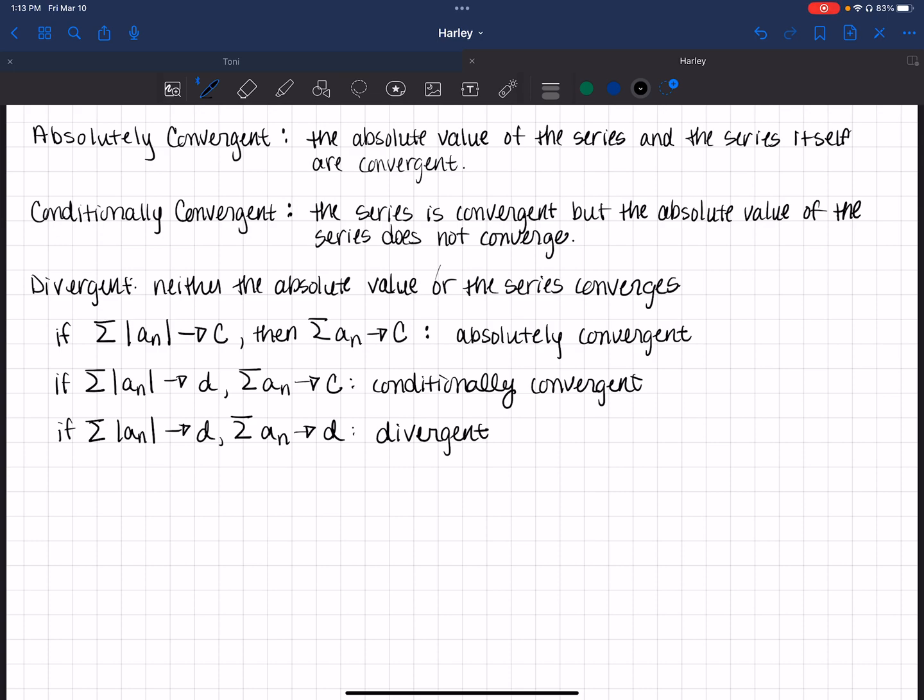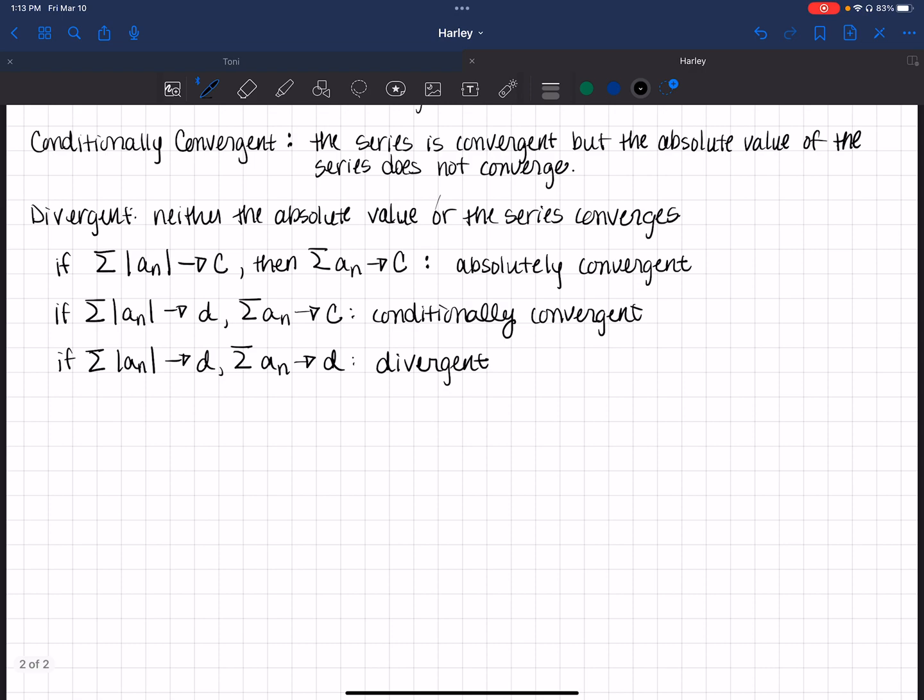So let's look at an example. Let's say I have the summation of n equals 1 to infinity, a little bit like one of the problems you had on your homework, of cosine n pi all over n cubed. The first thing I'm going to do is write a few things out. If I put in 1, I get the cosine of pi, which is -1, over 1 cubed, which is 1.